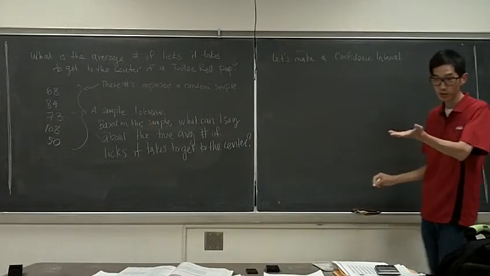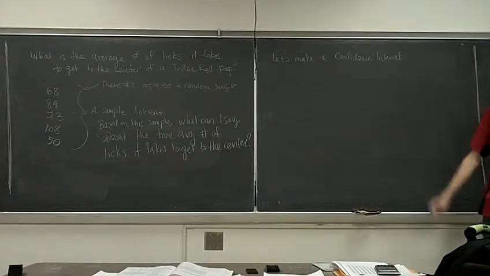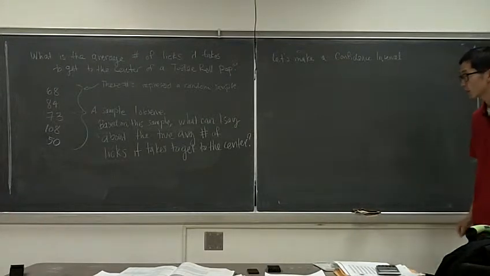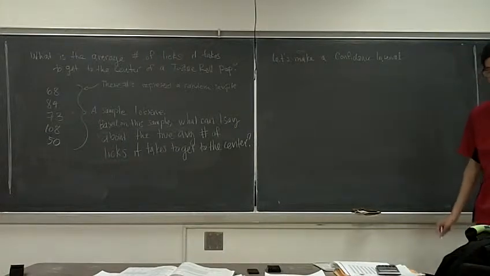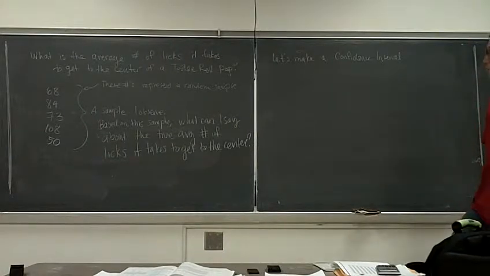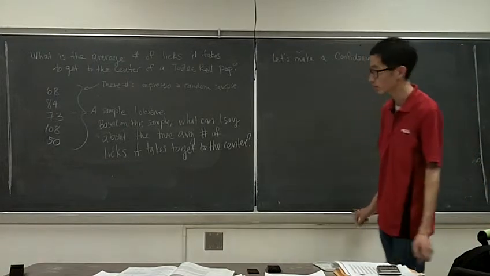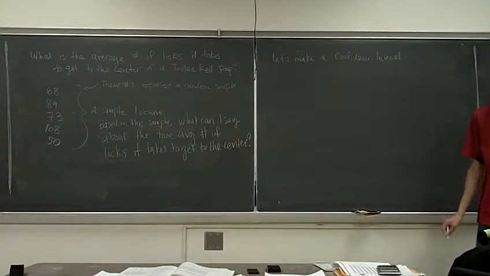You're absolutely right that here we've only looked at 5 different people, and they licked the Tootsie Roll Pop and this is what they reported. Ideally, we would have more than 5 people, but just for the sake of this, I just picked 5 numbers. So what would my confidence interval look like?